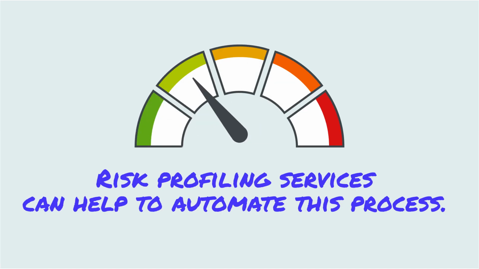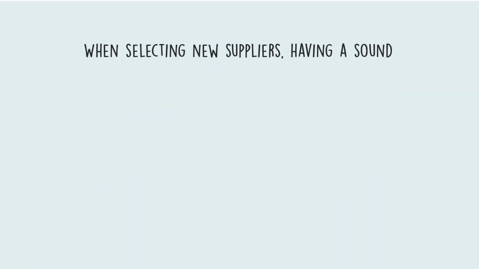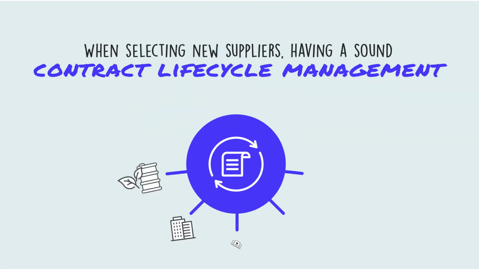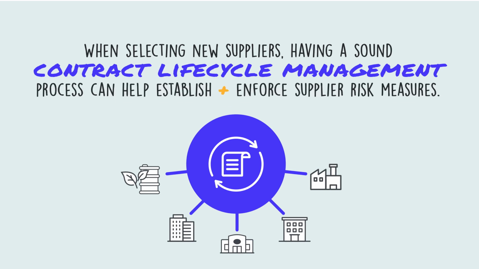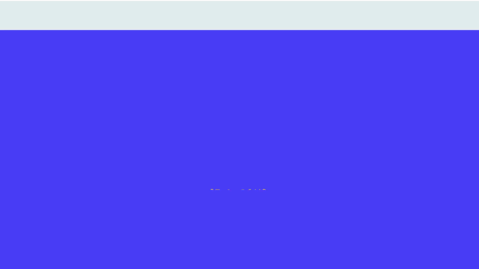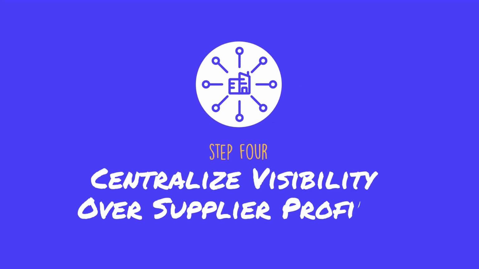Risk profiling services can help to automate this process. When selecting new suppliers, having a sound contract lifecycle management process in place can help to establish and enforce supplier risk measures.